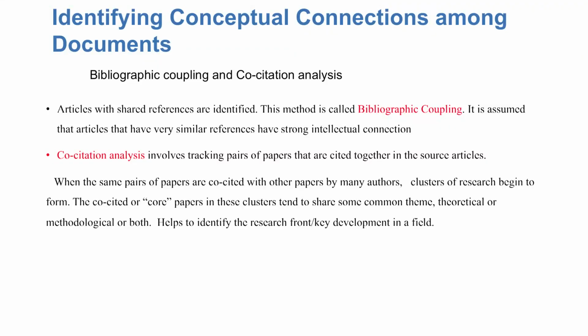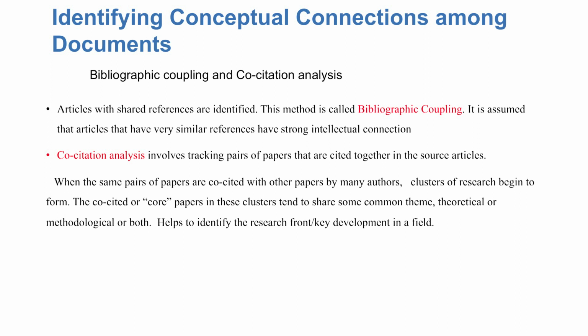One of the indicators is bibliographic coupling. Articles with shared references are identified in this method, and it is assumed that articles that have very similar references have strong intellectual connections. Another sophisticated indicator is co-citation analysis, which involves tracking pairs of papers that are cited together in the source articles.